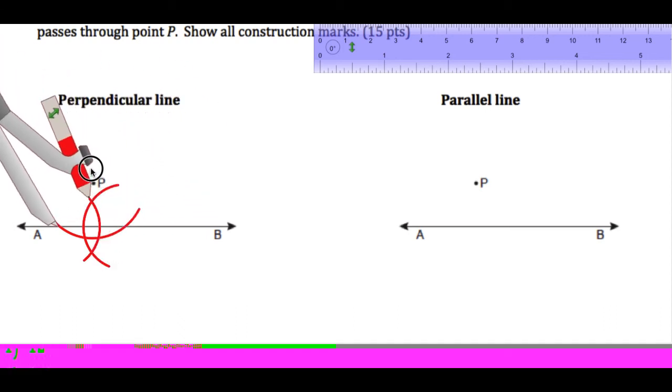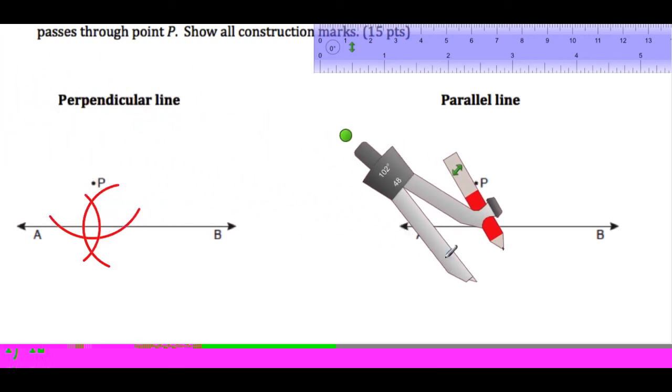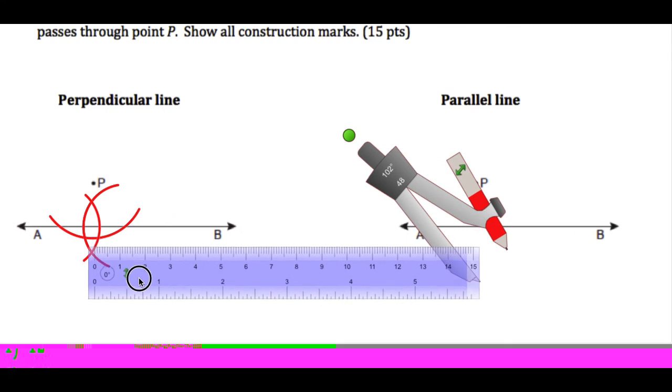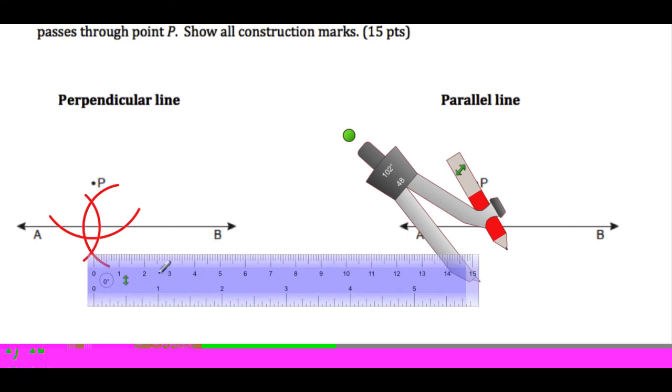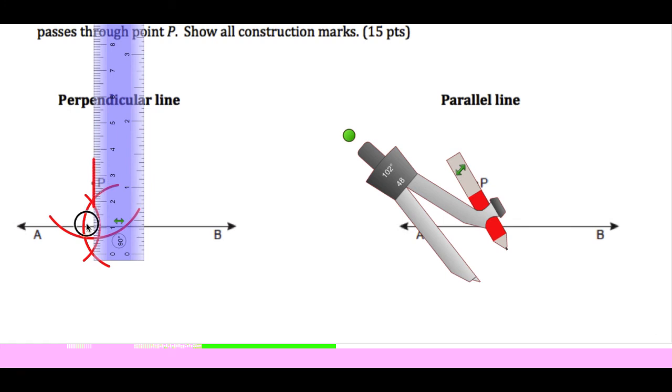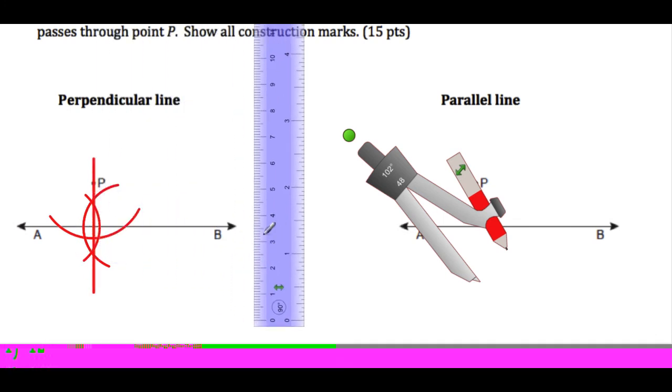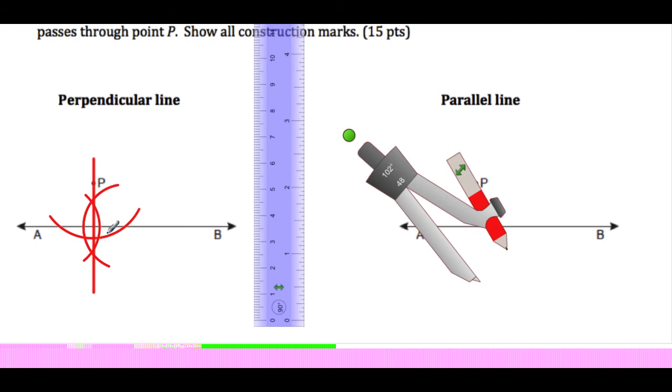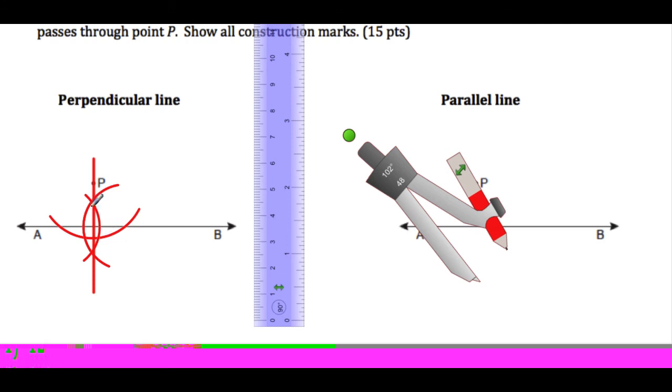All right. Now, what are we going to do? Use your ruler to connect them together. All right. So that would be the perpendicular line from point P. I know there's a little bit off here, but I guess we can consider that as a human error.